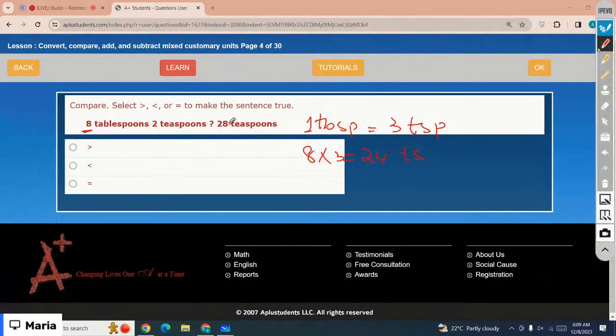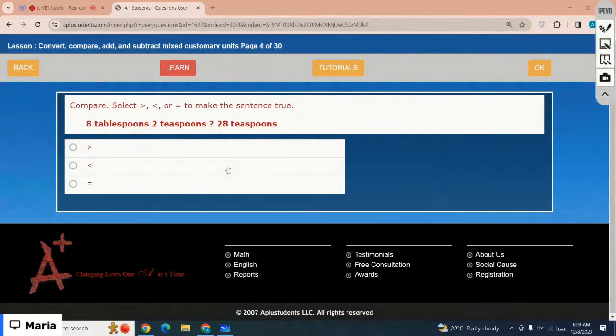That is 24 teaspoons. You already have 2 teaspoons, so just add 24 plus 2 equals 26 teaspoons, right? So you are going to compare 26 teaspoons to 28 teaspoons. So which is the correct option? 26 is less than 28. So the correct option is less. 26 teaspoons is less than 28 teaspoons. Option number 2 is the correct option. Got it?